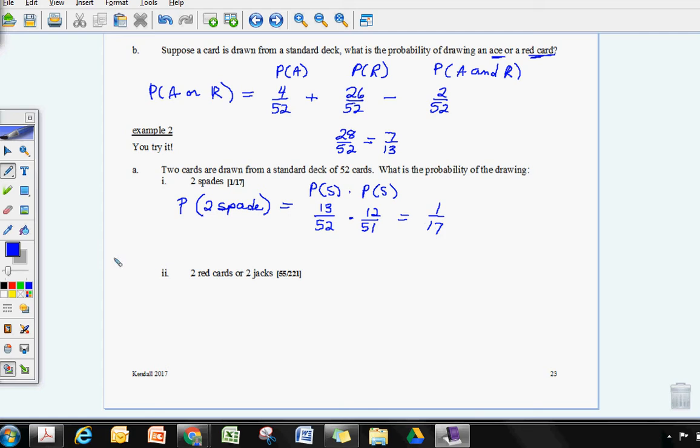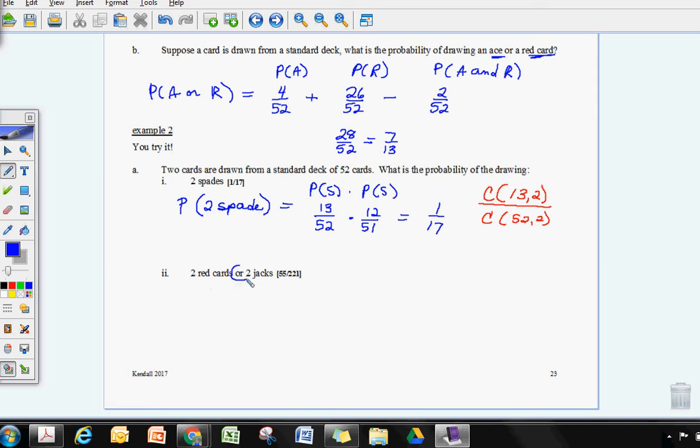If you like your combination stuff, that is the combination 13, and we're going to pick 2. That deals with the spades on the top over the combination 52 cards, choose 2 on the bottom. Okay, so that's old school problem.